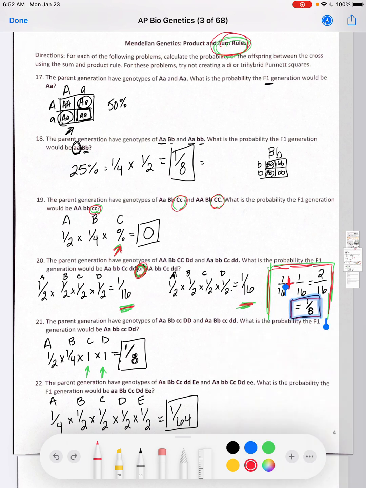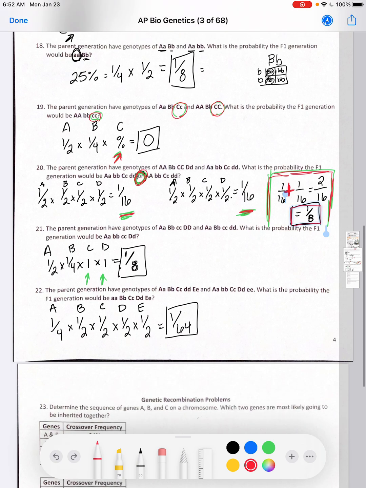And then as we move down to 21 and 22, really 21, the only tricky thing here is that C and D actually had a 4 out of 4 chance, which equals 1. So the probability you get here is 1/8. 22, the probability I got there was 1 over 64.